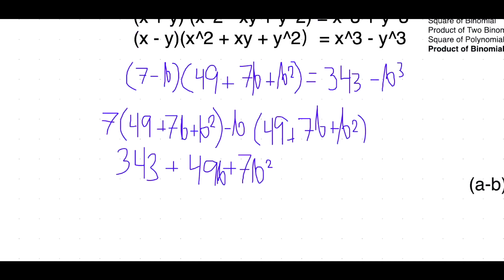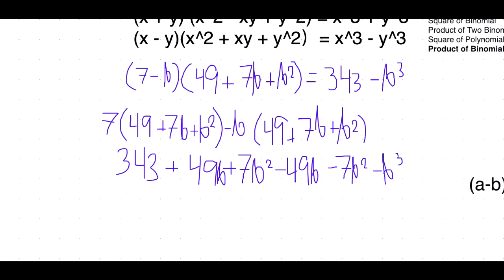So now we have negative b times 49, that's minus 49b. And then we have negative b times 7b, so that would be equal to negative 7b squared. And then negative b times b squared, that's negative b cubed.